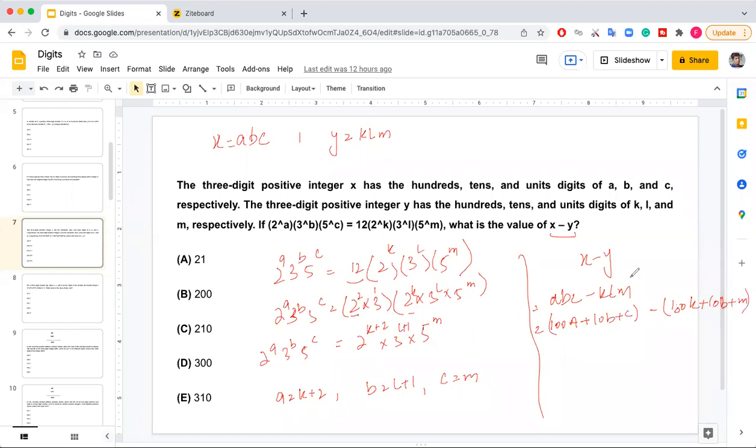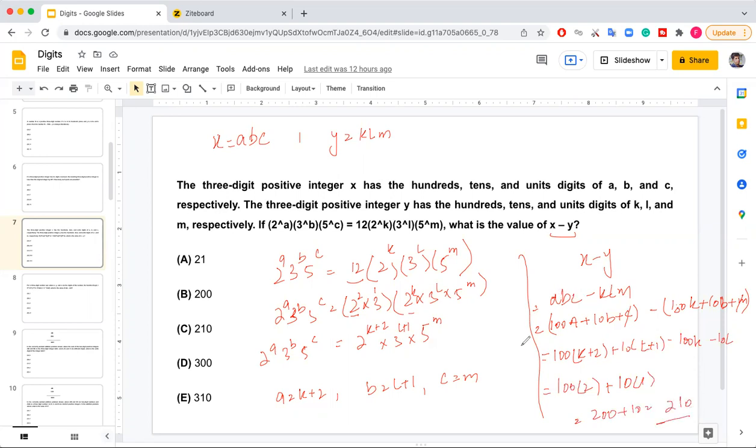As c is equal to m, they cancel straightaway, and a is equal to k plus 2, and b is equal to l plus 1. So we are just left with 100 into 2 plus 10 into 1, which is 200 plus 10, which is 210.